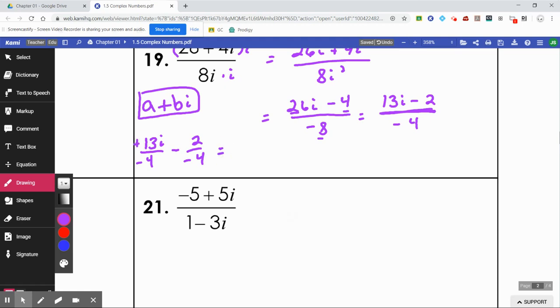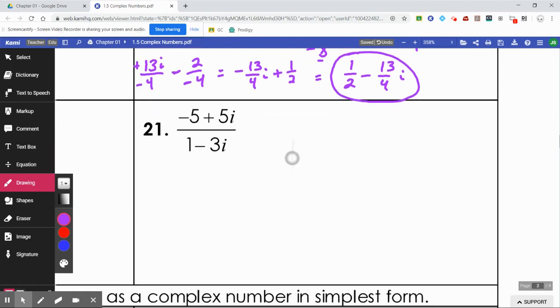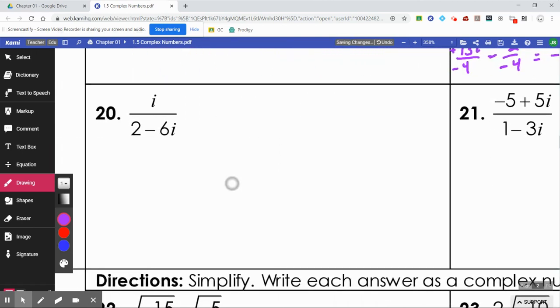A positive divided by a negative is a negative, so I can write that as -13 fourths i, and then a negative 2 divided by negative 4 is a positive 1/2. So write the real part first, imaginary part second. That'd be 1/2 minus 13/4 i. Then you can see what's my real part, what's my imaginary part for when we start graphing these.